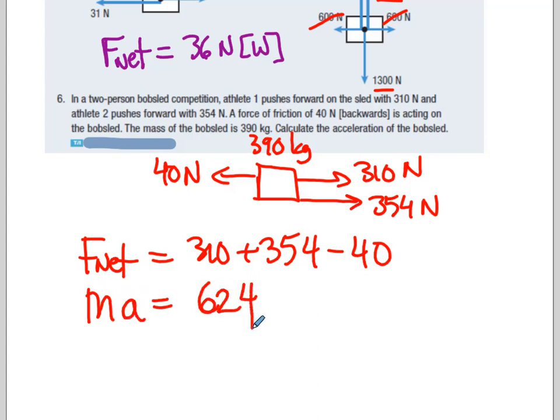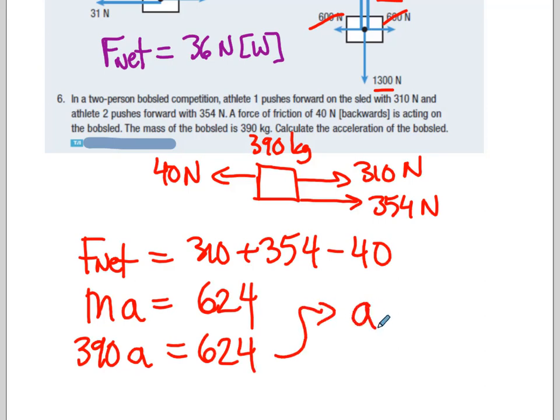The mass of the sled is 390. If we divide both sides by 390, we should get 1.6 meters per second squared to the right, or whichever direction you called it, forward.